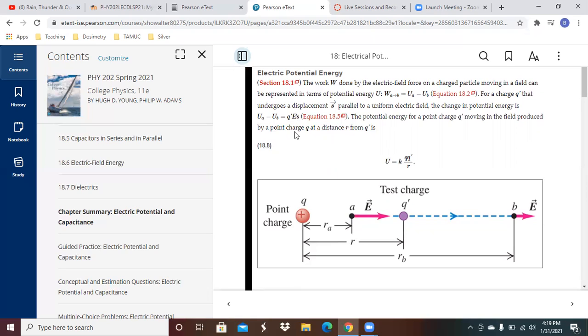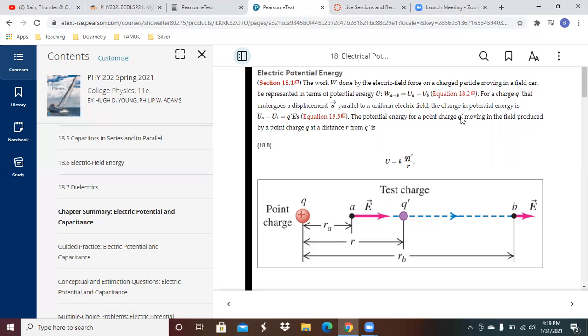If you'll remember back, for the purposes of work we looked at force times distance. This is going to be the same principle here, and that turns out to be equivalent to the change in potential energy from point A to point B.